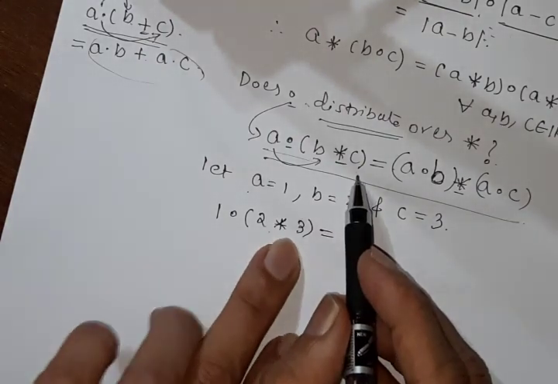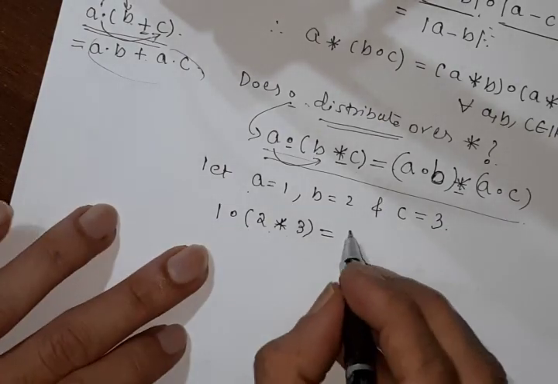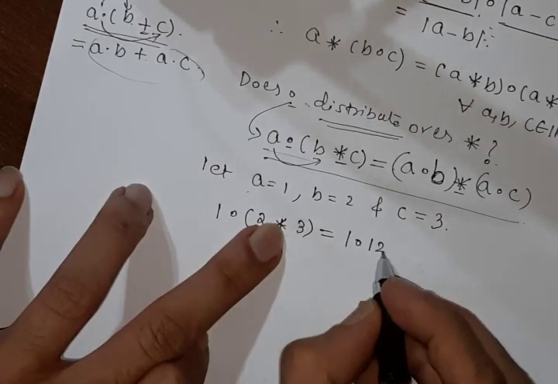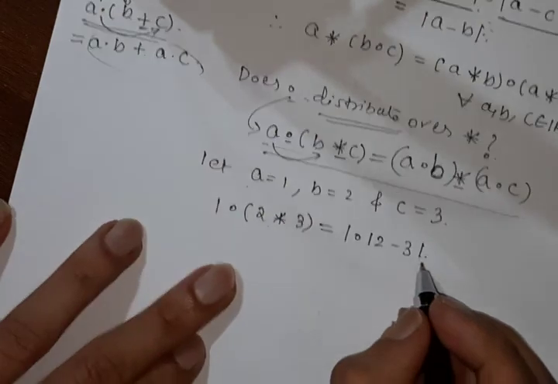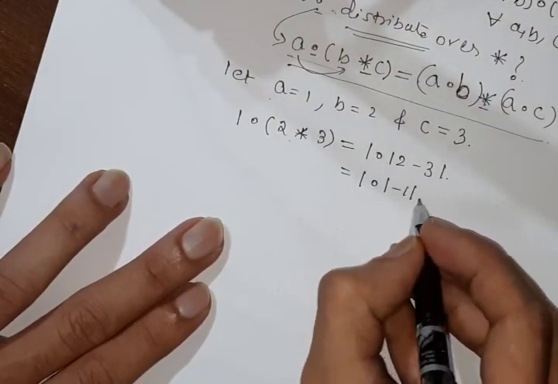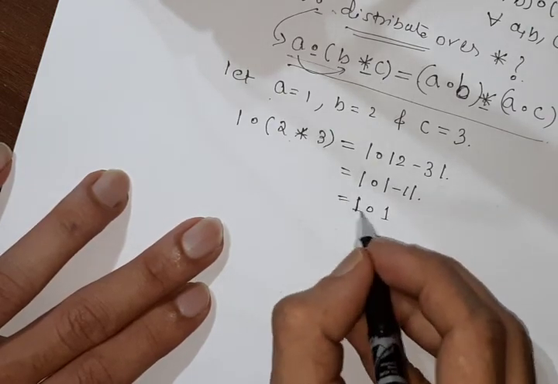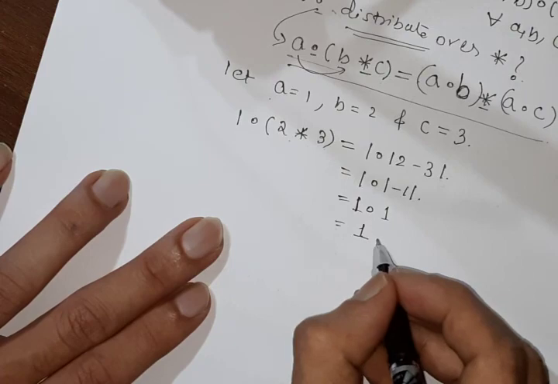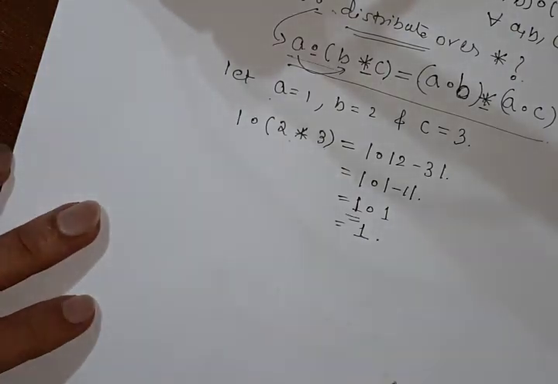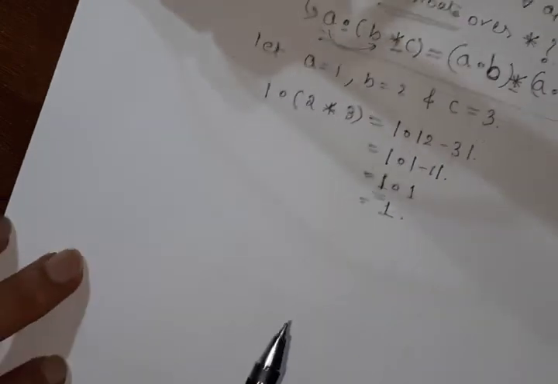We are just checking the left hand side now. So 1 O (2 star 3) will be 1 O modulus of 2 minus 3, which is equal to 1 O modulus of minus 1. So 1 O 1, which is equal to 1, the first element here. So 1 O (2 star 3) will be equal to 1.